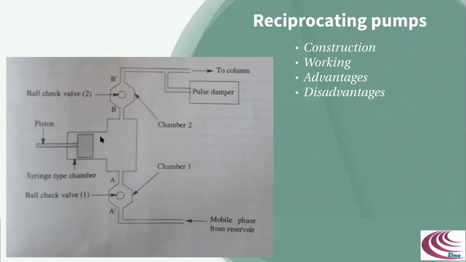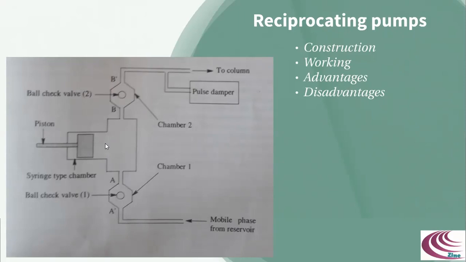So based on the distance of this piston, the amount of mobile phase will vary. When the piston is withdrawn, again fresh mobile phase enters chamber 1. The valve 2 comes to position B, but still the mobile phase from chamber 2 doesn't enter the column, since there is no force to push it.